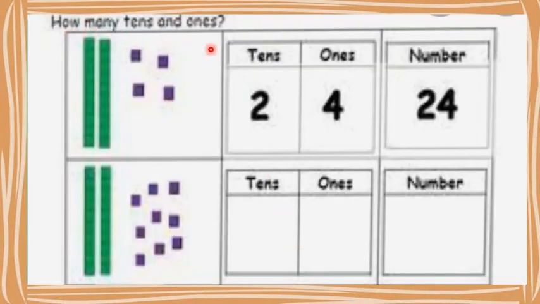How many tens and ones? Look, we have the first example: these are 2 tens and 4 ones. Then the number is 24. Then how many tens are there? 1 and 2. It means there are 2 tens and 1, 2, 3, 4, 5, 6, 7, 8 and 9 ones, and the number is 29.